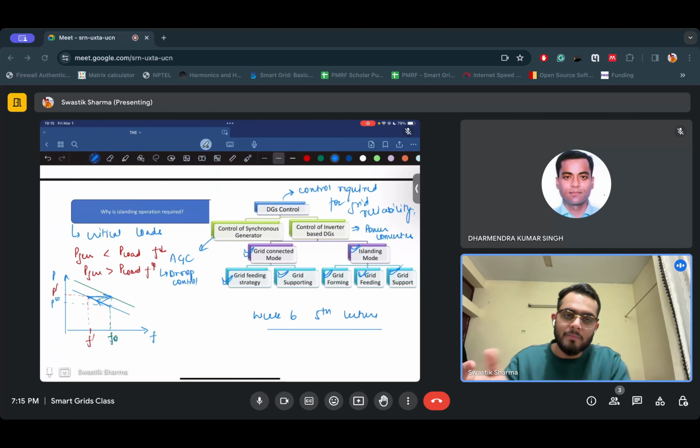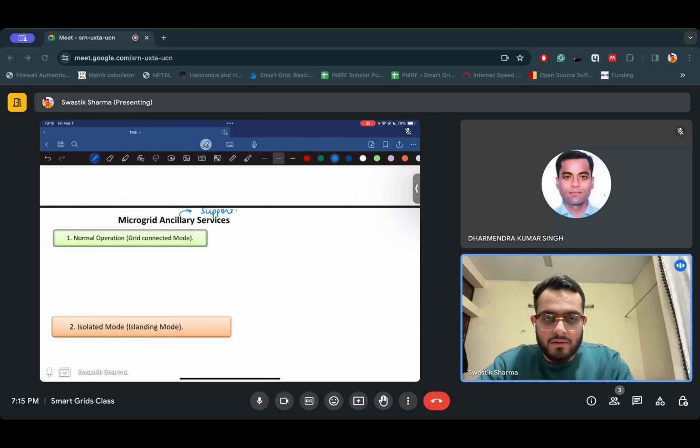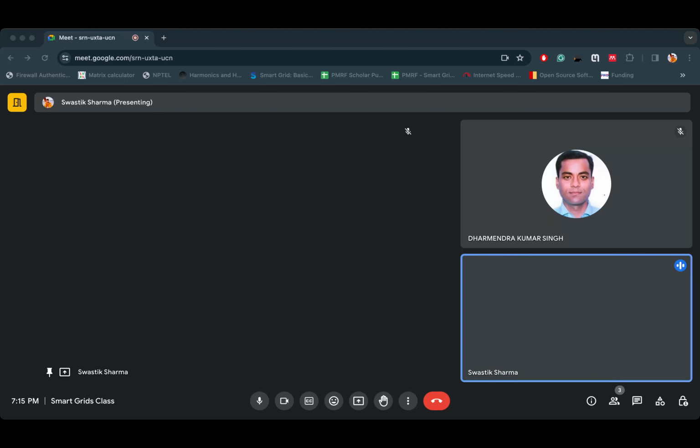Ancillary means support. So a microgrid provides support services to the grid. There are different kinds of support services it provides. Under grid connected mode, it provides frequency and voltage support, and also it provides reduction in grid losses.